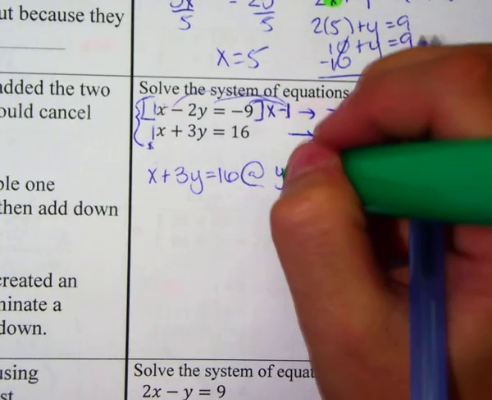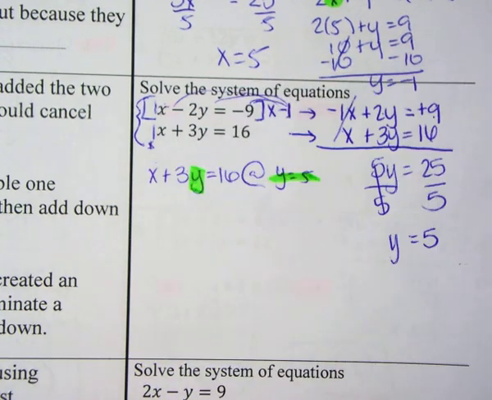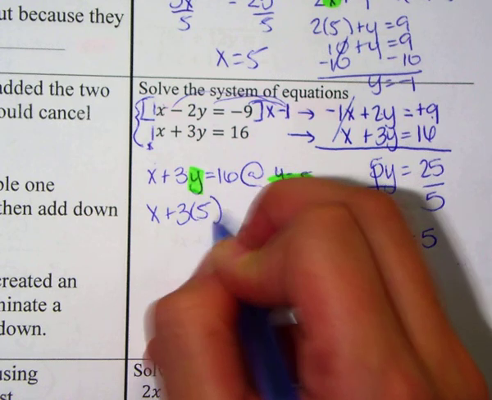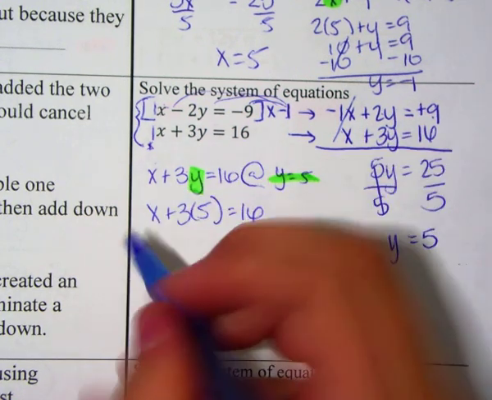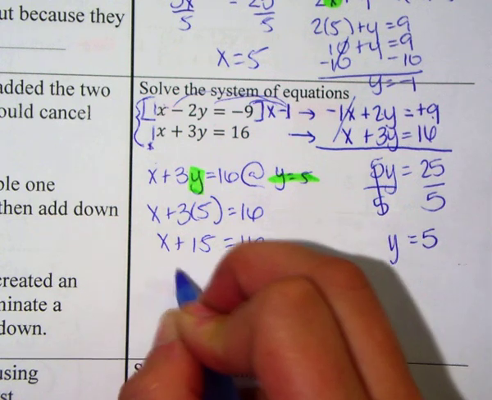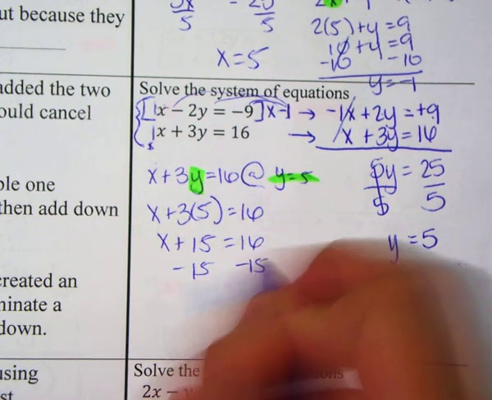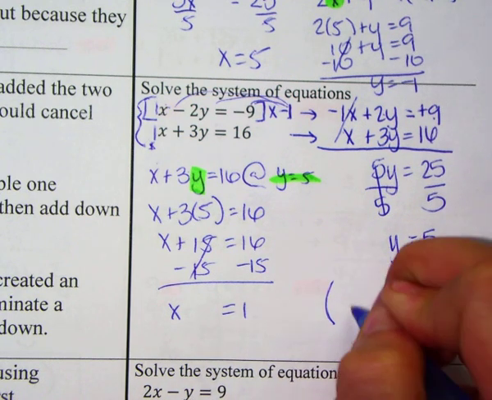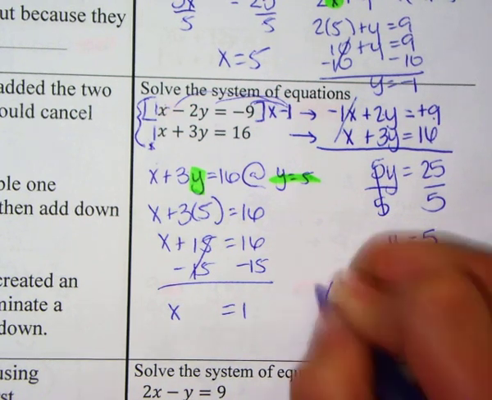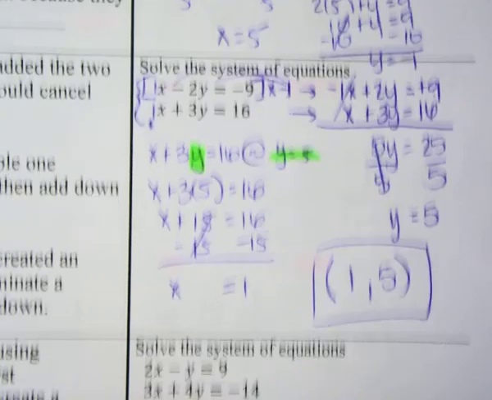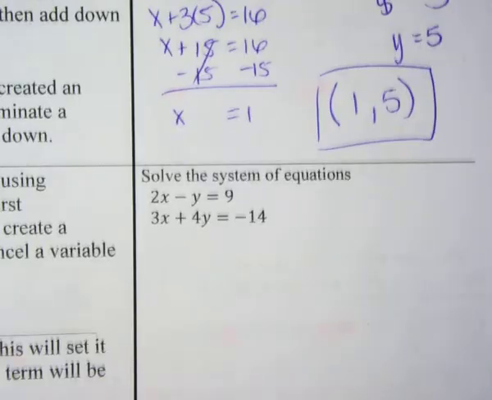Everywhere that I see a y, I'm going to substitute a 5. And then to isolate x, I need to subtract 15 on both sides. X equals 1. My solution is 1, 5. Again, solving systems by elimination.